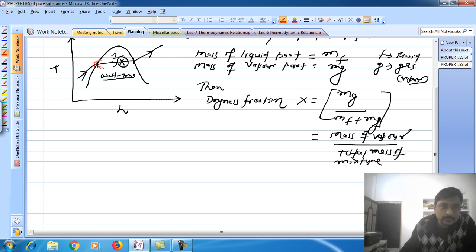This point lies on the saturated liquid curve.